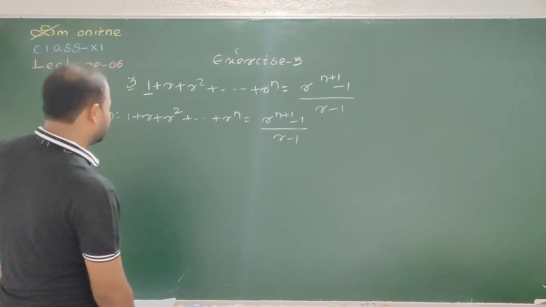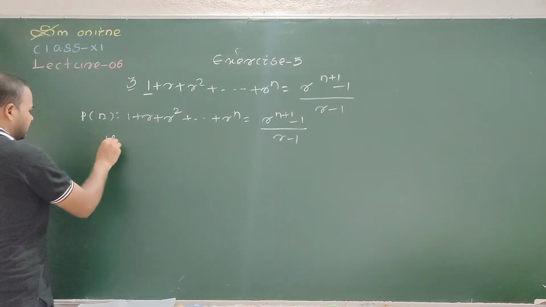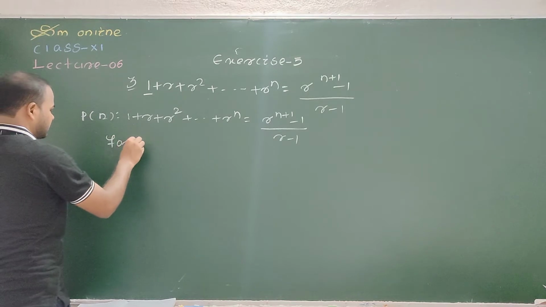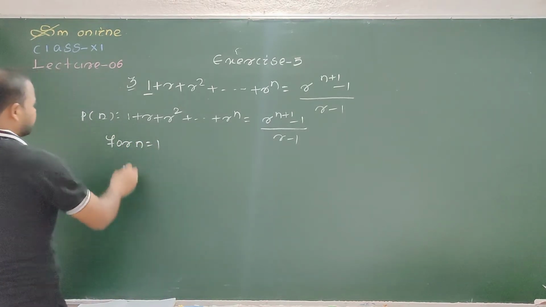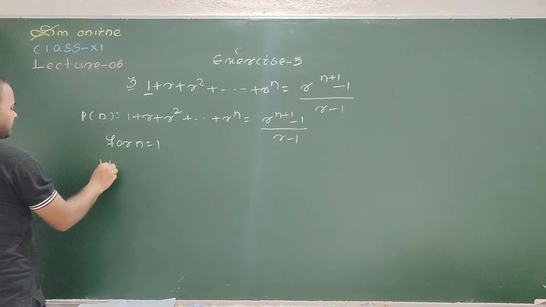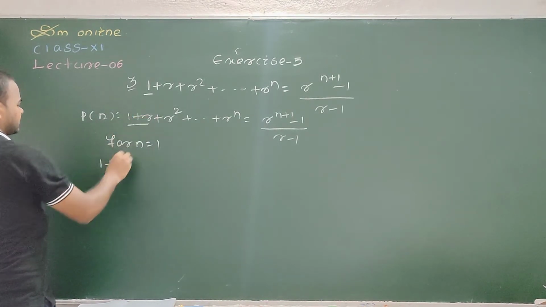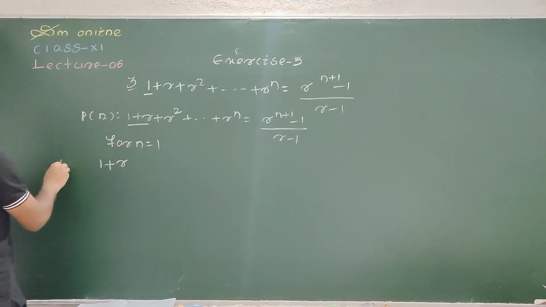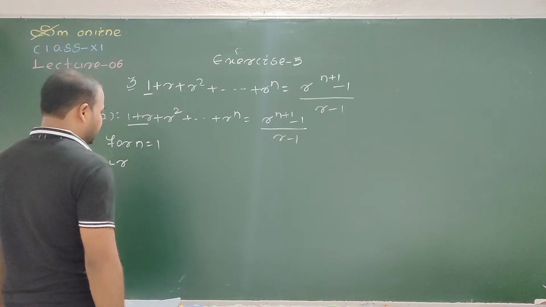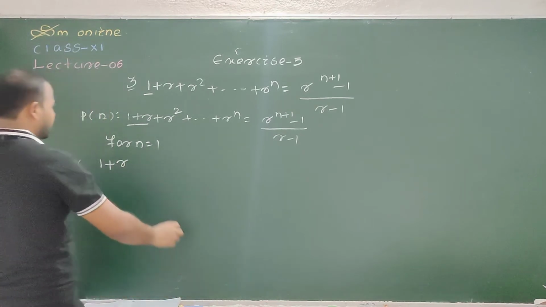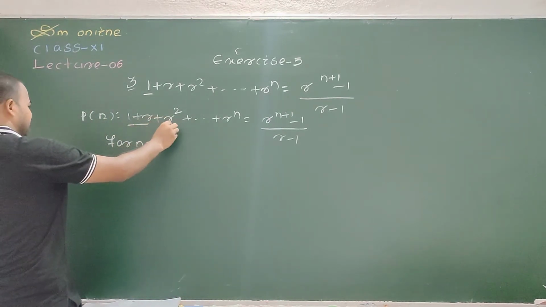Okay, now for n equal to 1, this is the LHS: first 1 is added here, then for n equal to 2 what? This is 1 plus r square.